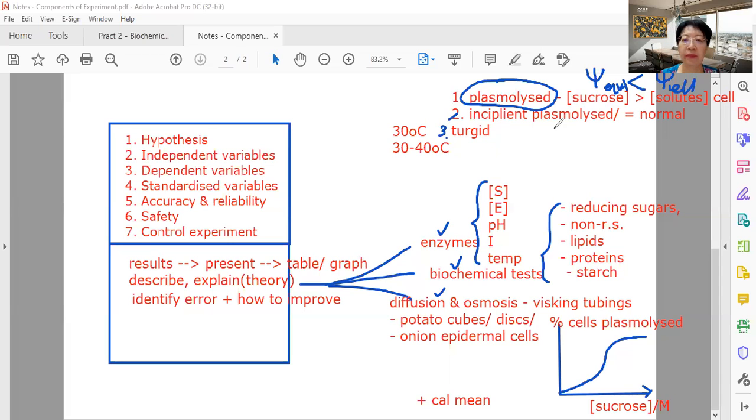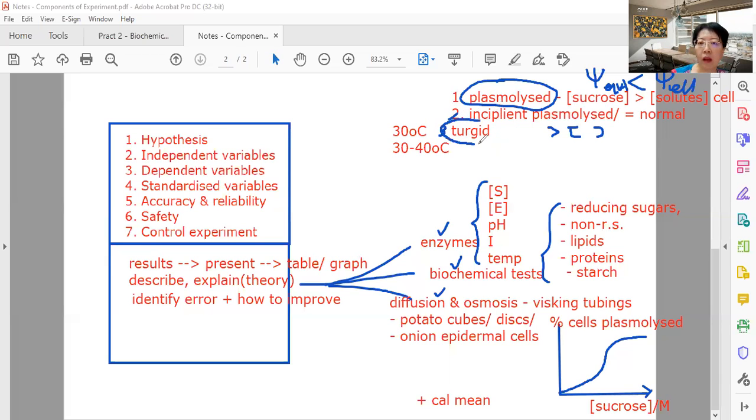When it's turgid, the solute concentration inside the cell is less than the sucrose concentration surrounding. Yeah, correct. So you're talking about concentration... hang on. Solute concentration is less, is it? Where outside is less, inside is more. I think it's the other way around.